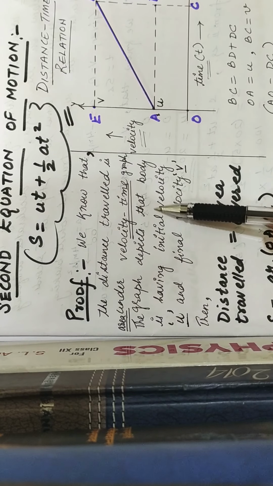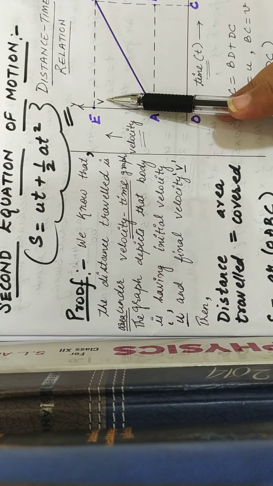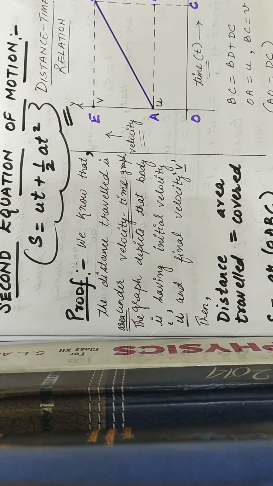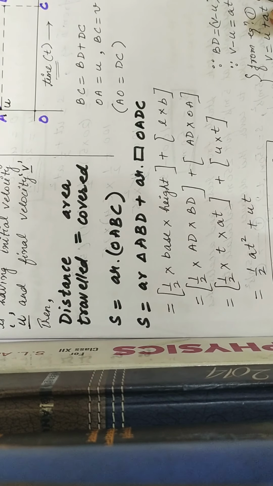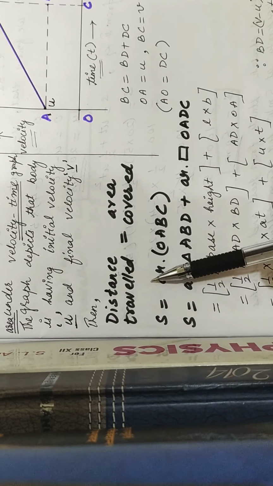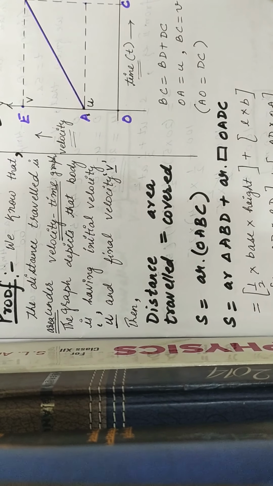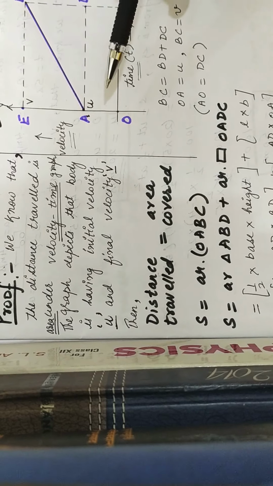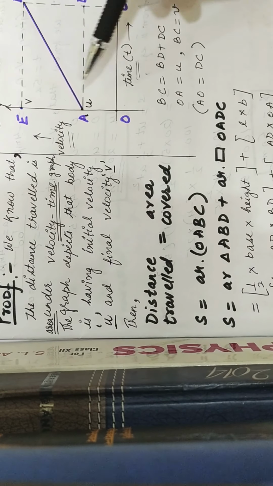The graph depicts that the body has initial velocity u and final velocity v. We have studied earlier that the distance traveled is given by the area covered under the velocity-time graph. So, to find the distance traveled, we need to find the area of this graph.